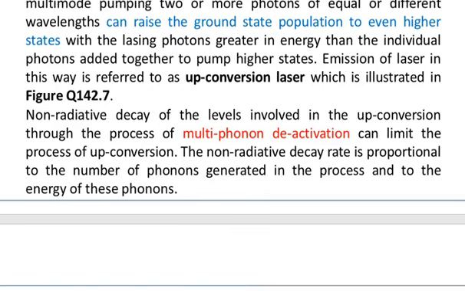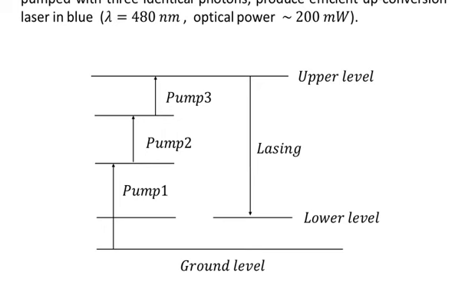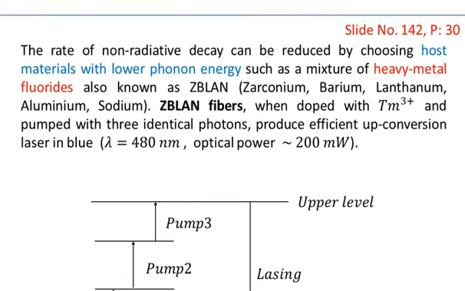Now, how can we decrease the number of phonons created and the energy of these phonons, so that we can have up conversion unaffected by the system, and get a greater population inversion in the upper laser level for an intense beam from the fiber laser?